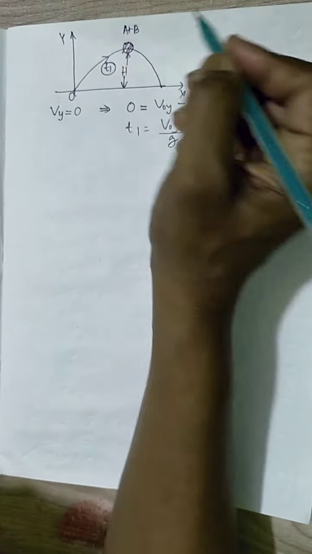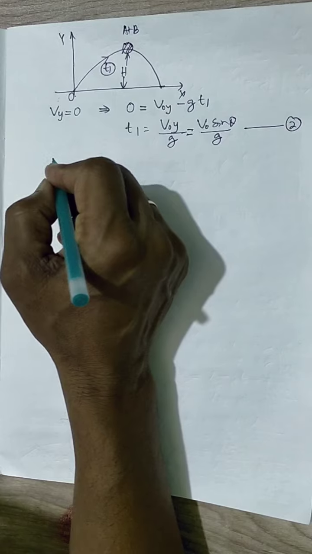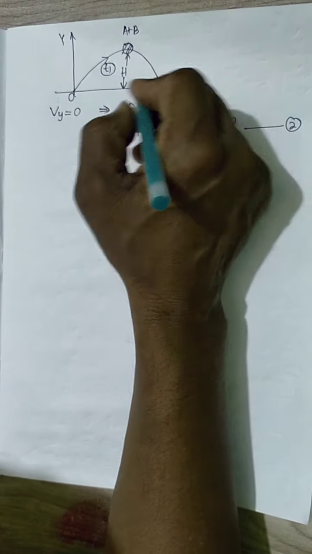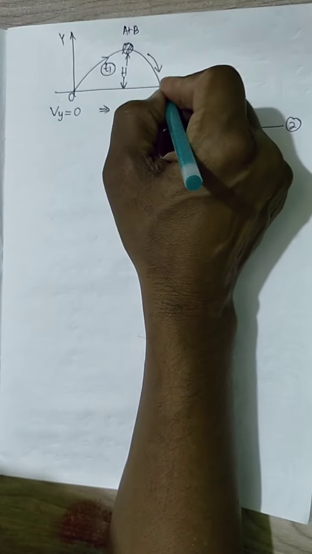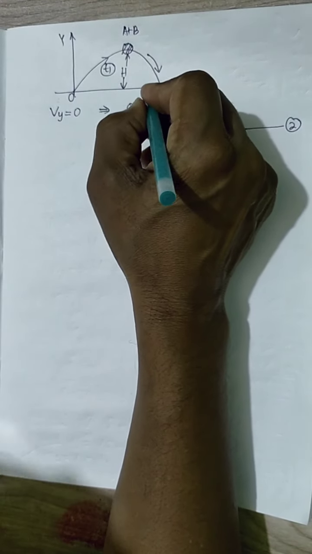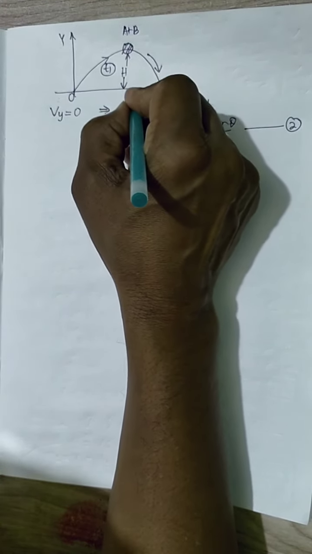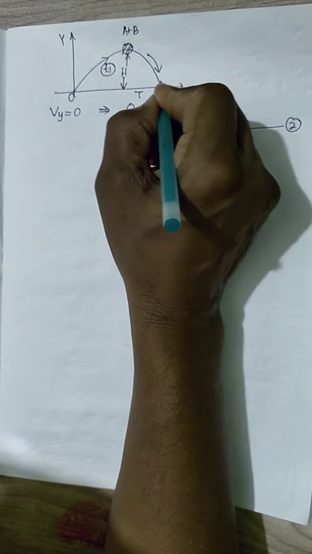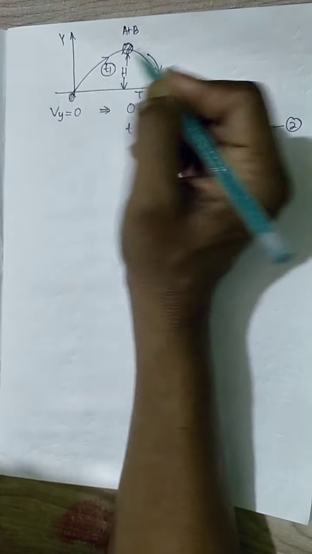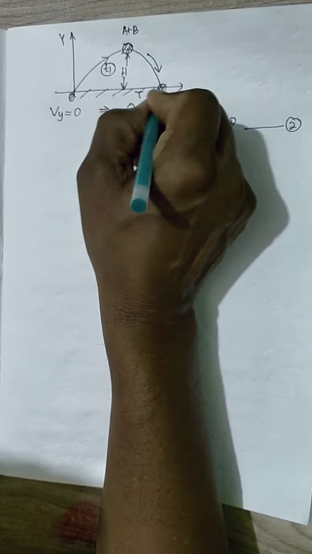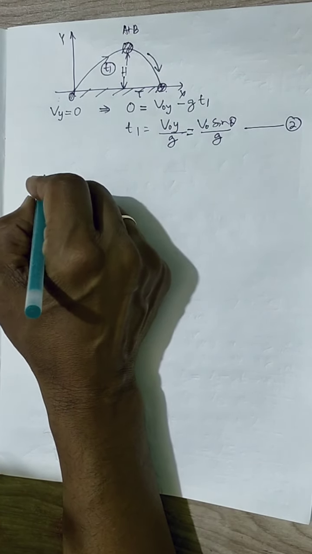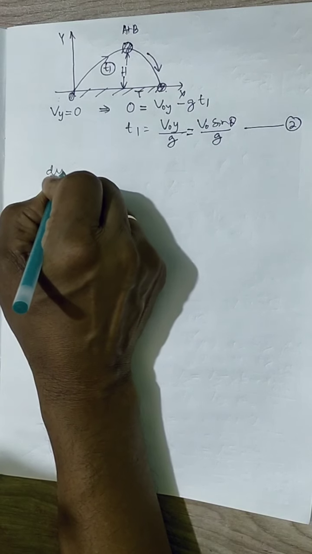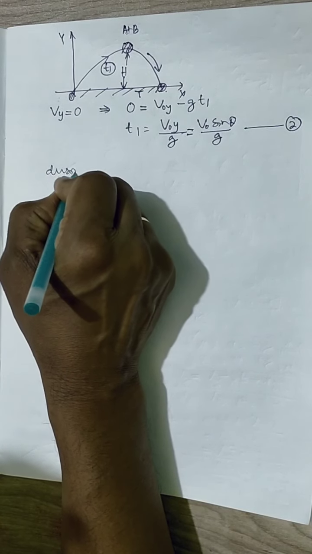Now, if we consider the complete motion upward and downward, finally, say after time t it touches the ground, the net displacement along y is equal to 0.